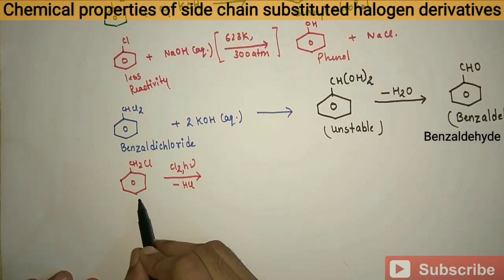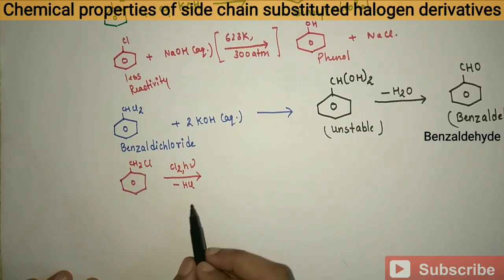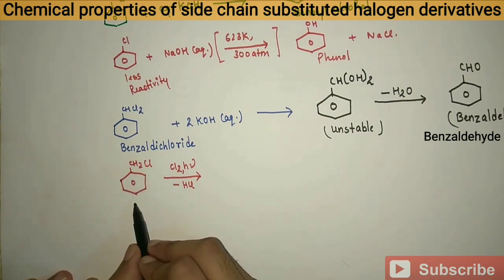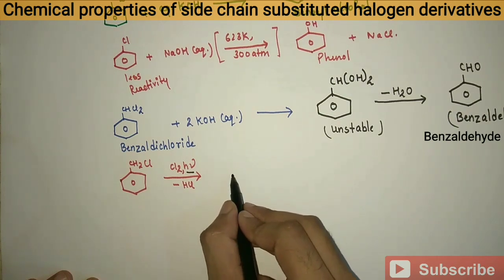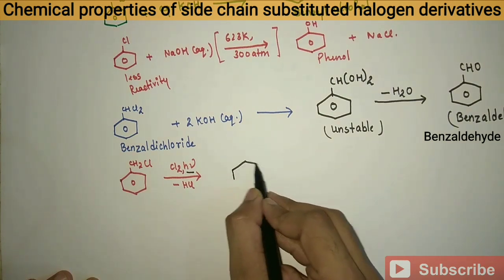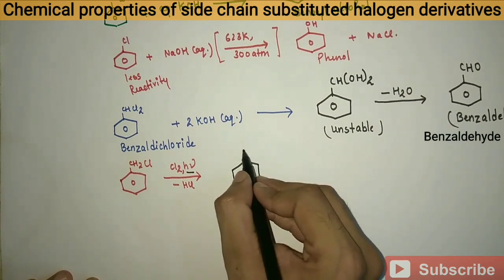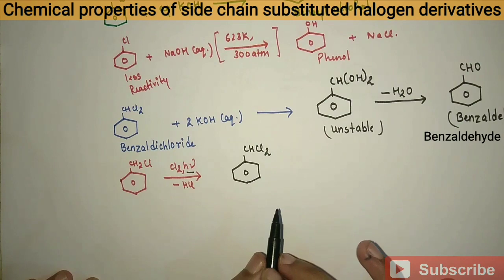Now the next reaction is the halogenation of the side chain. Okay, so what happened when the Cl2 gas is passed through the benzyl chloride in the presence of sunlight? The halogenation occurs at the side chain. So it will form CHCl2, benzyl dichloride.